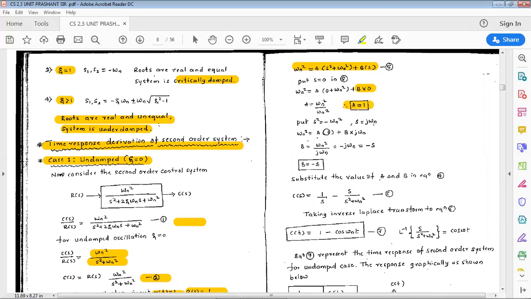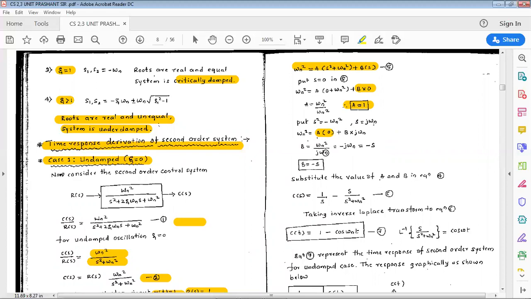Similarly, you put s square equal to minus omega n square. Therefore, s will be j omega n. In the above equation, wherever s square is there, we substitute: omega n square equal to A into 0, which becomes 0, plus B into j omega n. So therefore, B will be omega n square by j omega n.